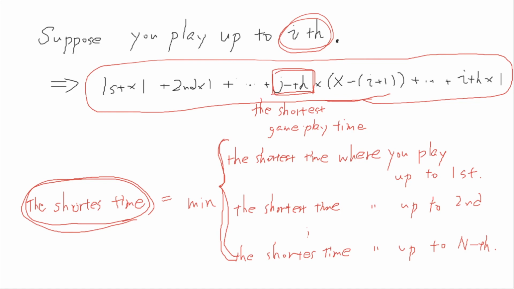We take the minimal value among them: the shortest time where you play up to the first stage, the shortest time where you play up to the second stage, and so on, and the shortest time where you play up to the n-th stage.